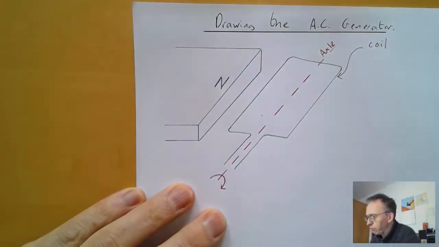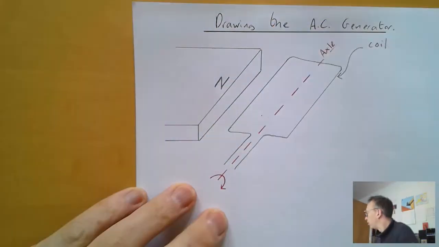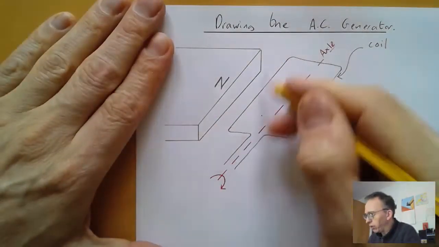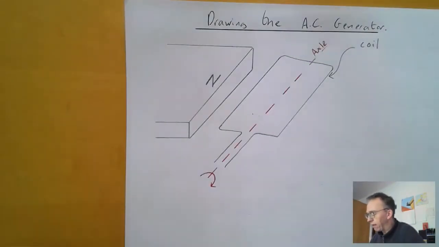So actually it would be a plain pole magnet, one of those dark ceramic magnets that we have.